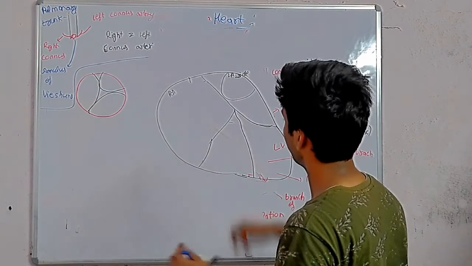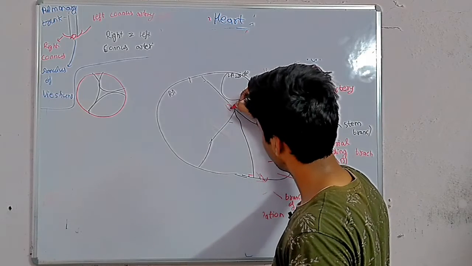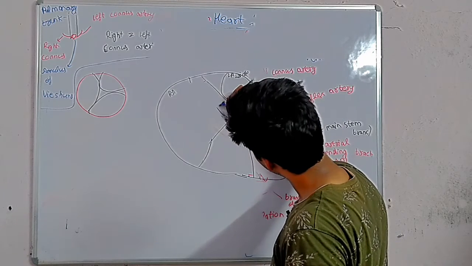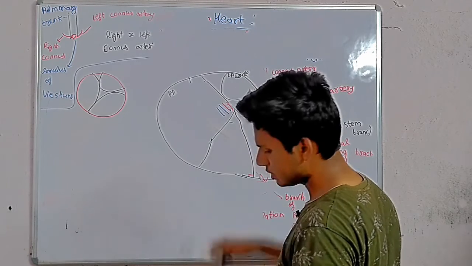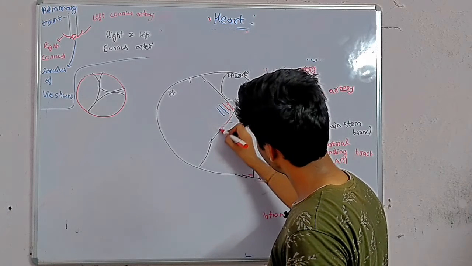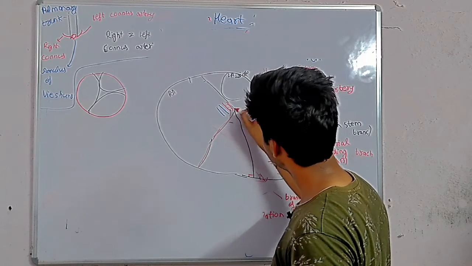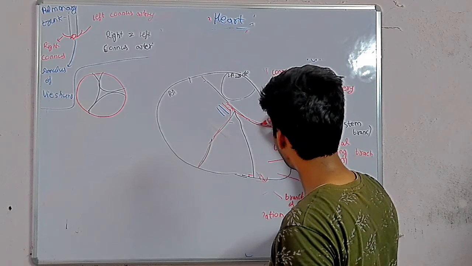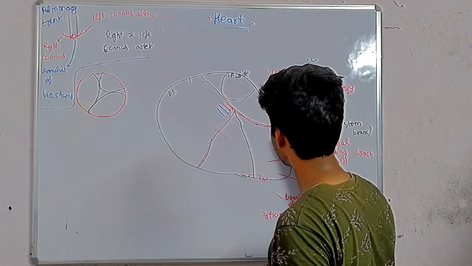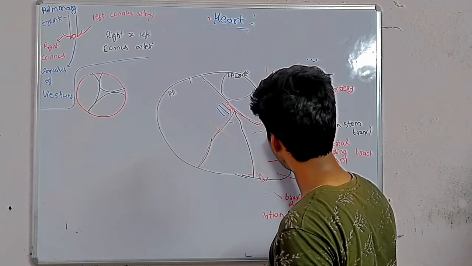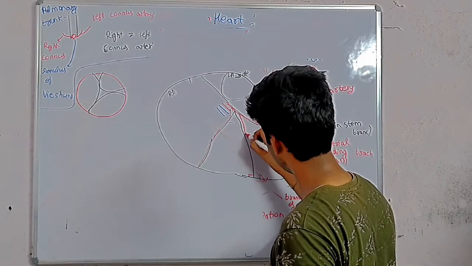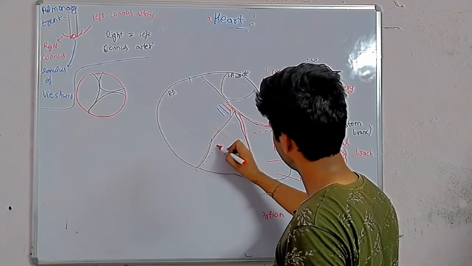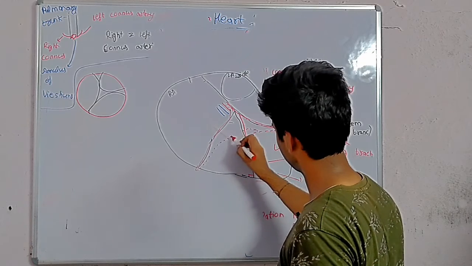So first we know from the arch of aorta, this is the pulmonary trunk, two arteries emerge. First is RCA, the right coronary artery, and the other is the left coronary artery. It divides into two. One goes posteriorly and the other goes anteriorly. This is called LAD, and one goes posteriorly. They form an anastomosis.